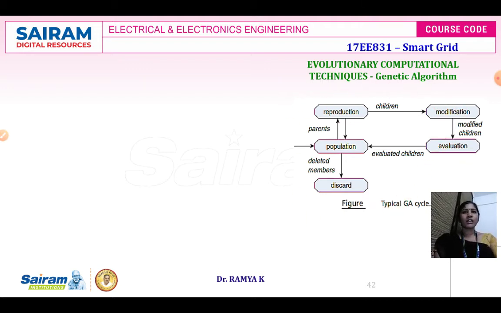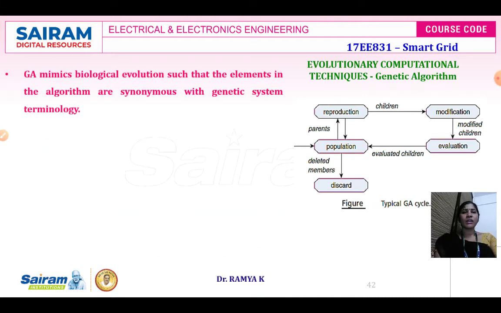Why are we using this genetic algorithm? When you use it in a computational technique, or in any operations research, the genetic algorithm is a meta-heuristic inspired by the process of natural selection that belongs to the larger class of evolutionary algorithms.